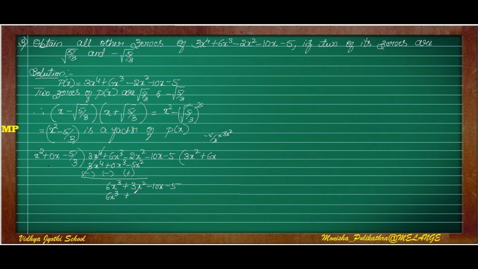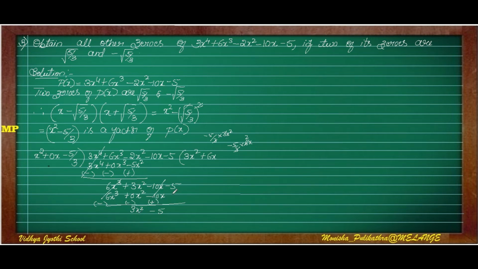So plus 0x square. So here minus 5 by 3 into 6x. So 5 twos are 10. So it will become minus 10x. So this will get cancelled. Remaining is 3x square. So this will also get cancelled. Remaining is minus 5.